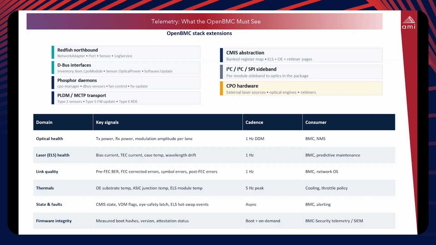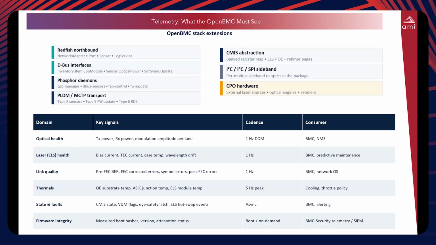Definitely Redfish has to be implemented, more details, DBus interface, the phosphor-dbus that can do the CPO manager. We still need PLDM, MCTP support, and extension of that. We need that CMIS spec abstraction on the OpenBMC that is defined by the spec committee. There is still I2C, I3C sideband interface, and then CPO hardware management of this external laser and optical engines.